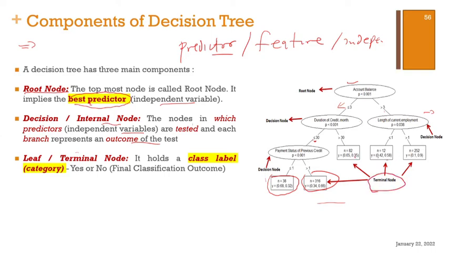At the terminal nodes, every sample has been successfully classified into where they belong. So this is the terminal node. It holds a class label or the final classification outcome. After we have done this, everyone knows the class that it belongs to.